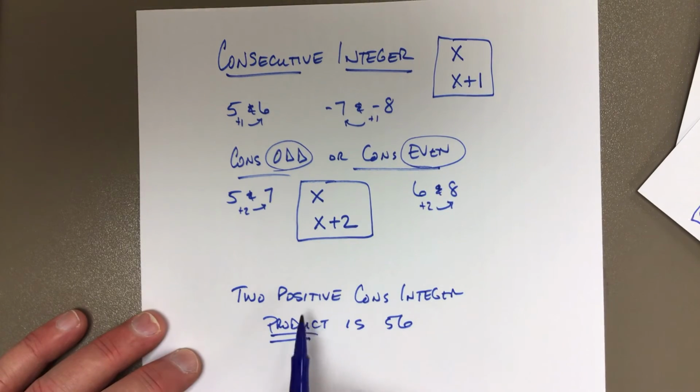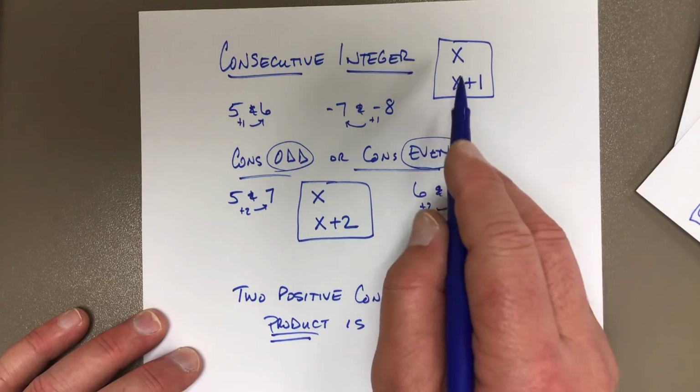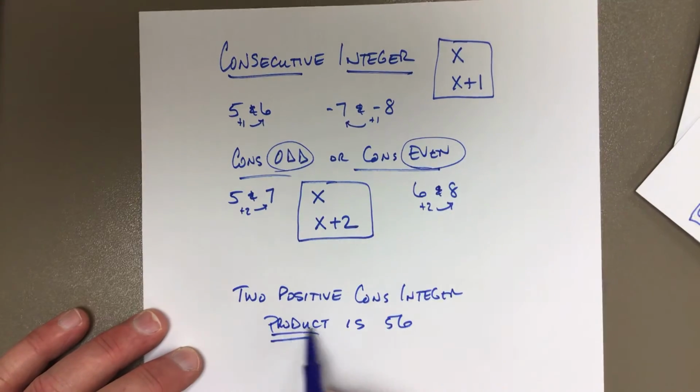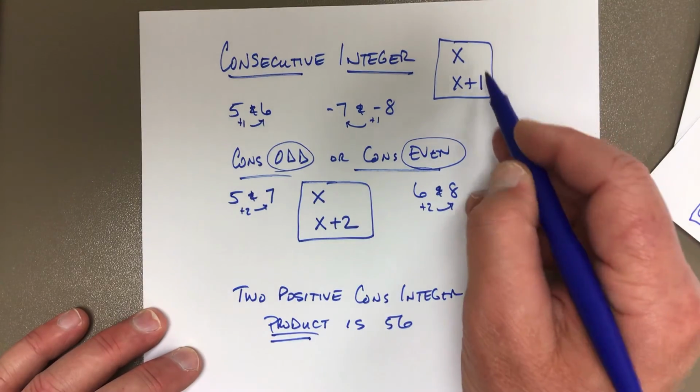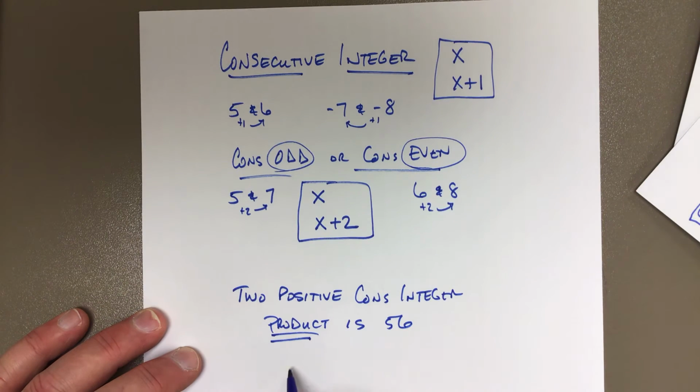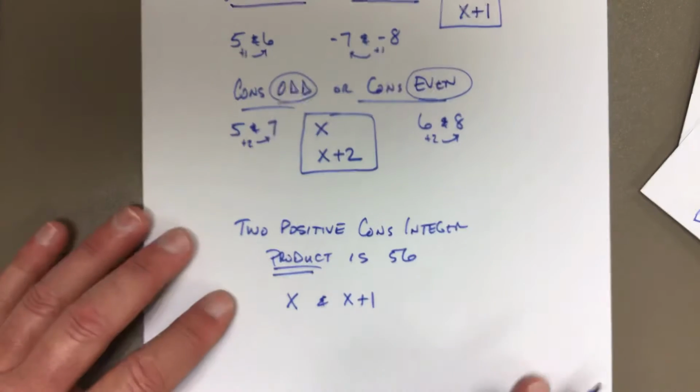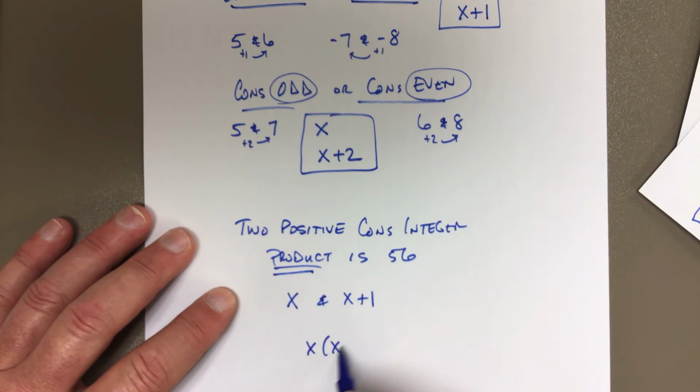So we're going to take this information: the two positive consecutive integers are x and x plus 1, right? Those are the two, and we want to multiply them together to come up with 56. So we're going to say x times x plus 1 is equal to 56.